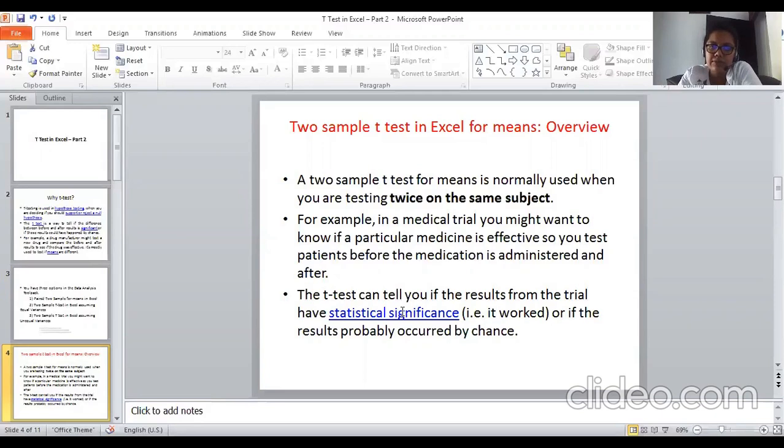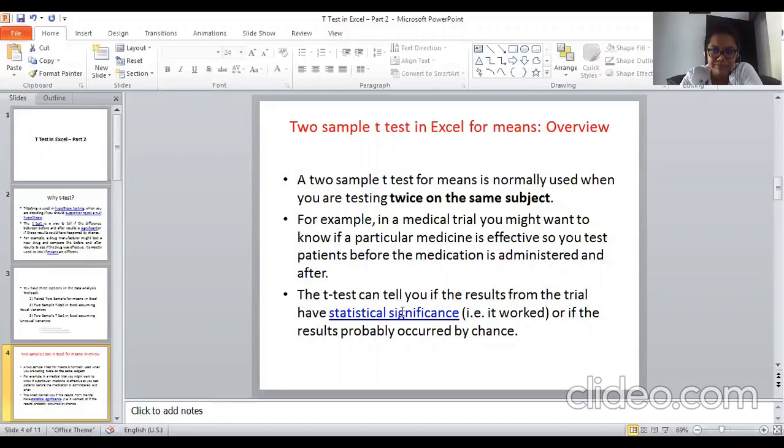Here you are given the same example that I briefed you before. For example, in a medical trial, you might want to know if a particular medicine is effective. So you test patients before the medication is administered and after. If you are going to test that sort of hypothesis, you need to use the two sample t-test in Excel for means.